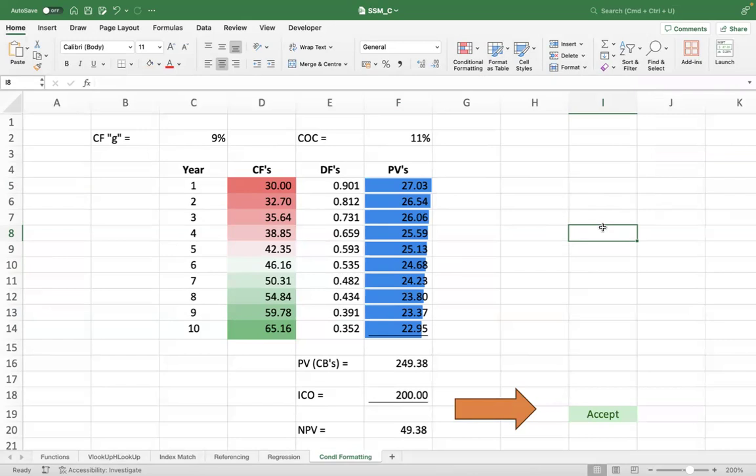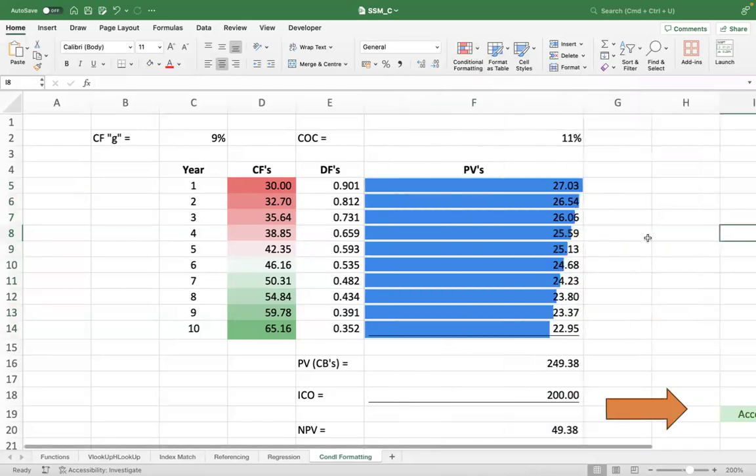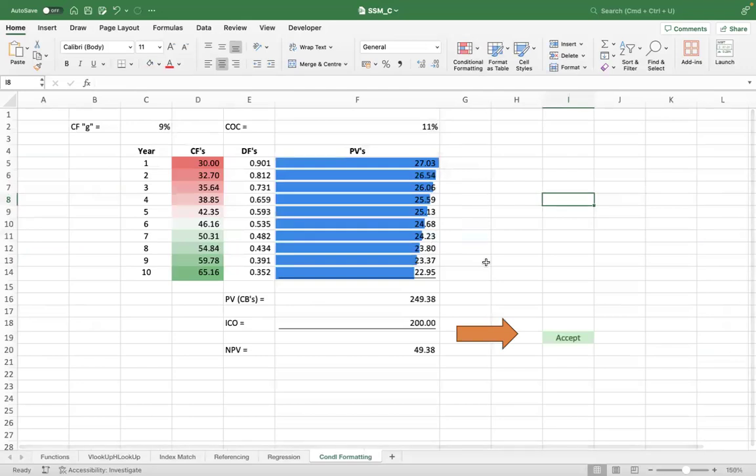So as your present value is reducing, the size of the data bar is also reducing. Actually, if you increase the size of this, then you will be able to see it better. Can you see? Yes. So you can even insert data bars for getting an idea of how it looks like. Okay, so this is how you use conditional formatting in project modeling templates.